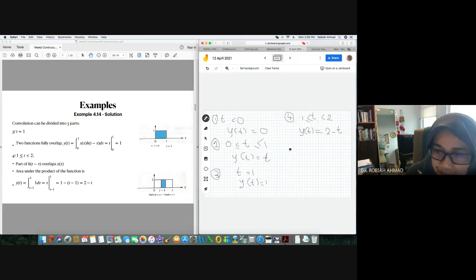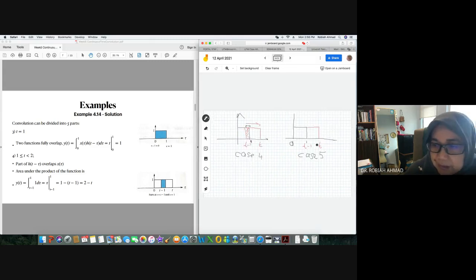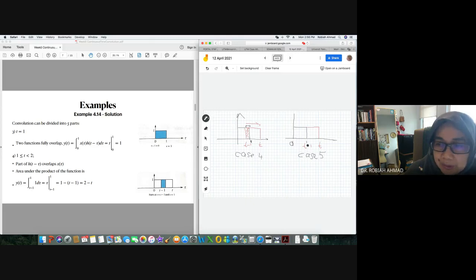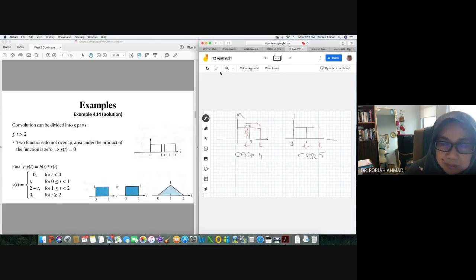Okay, and then finally case number 5, look back again, ada dah leave, so no more overlapping here. Okay, so that is when t more than 1. More than 1. Okay. Sekejap. So this one kita tahu value dia is this apa? The red one, the width is also 1.